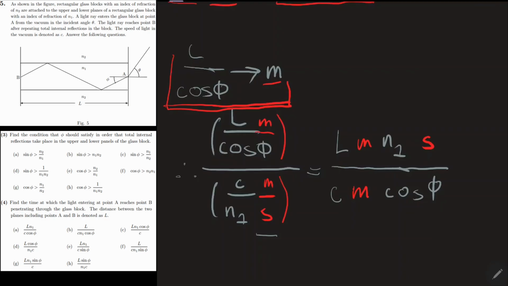So we have L meters times n sub 1 seconds divided by c meters times cosine of phi. These 2 meters cancel out and we're left with just seconds. So we have the right units at the end, and generally speaking, if you have the right units at the end, you can be pretty confident that you answered the question correctly.